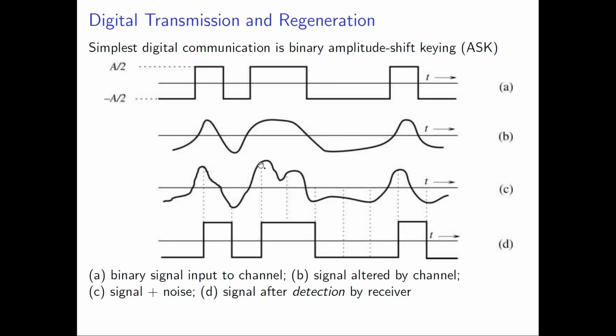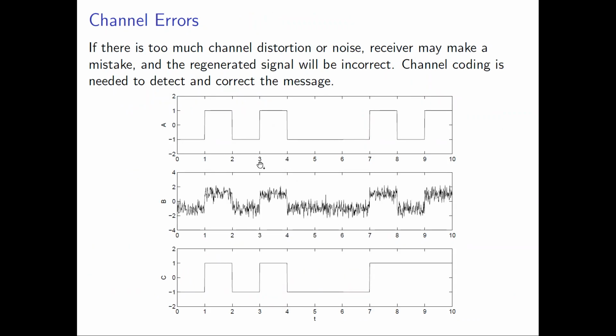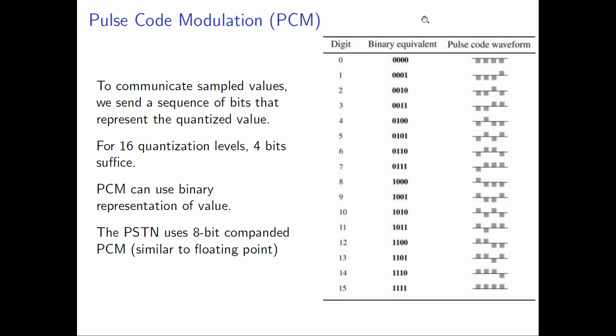Okay, what do we do now? I need to be able to convert these points to a digital binary signal. I need to use a mapping table. This is the mapping table that I use, from 0000 to 1111 if the number of levels that I'm using is 16.